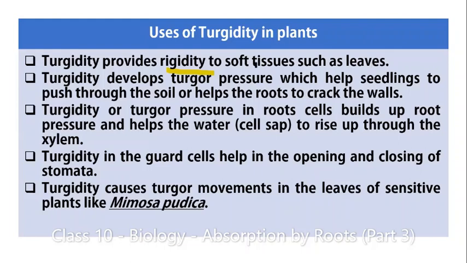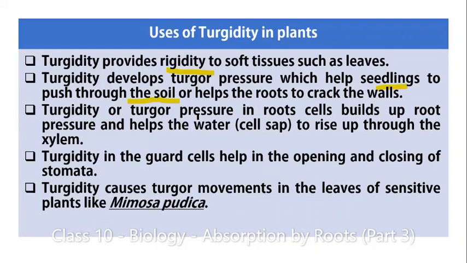It offers turgor pressure that helps the seedlings to push through the soil. We can see they come out of the soil as the embryo grows. Even this helps the roots to crack the walls. You can see plants growing in old buildings and the roots have cracked the walls, passing through those cracks.